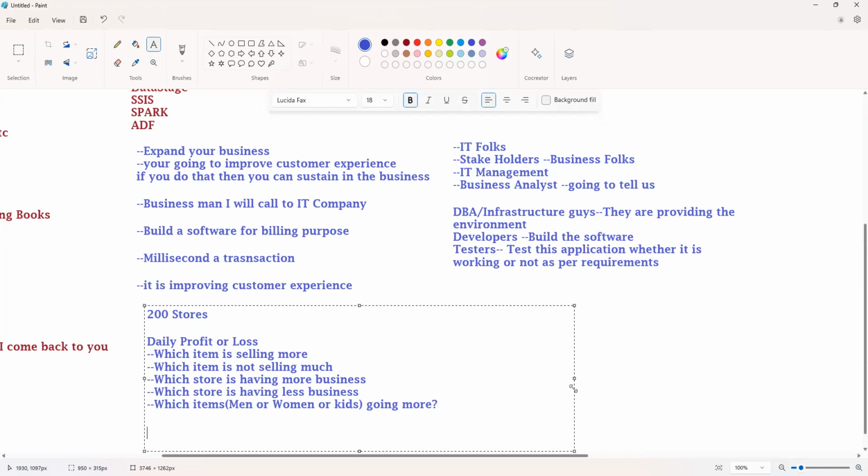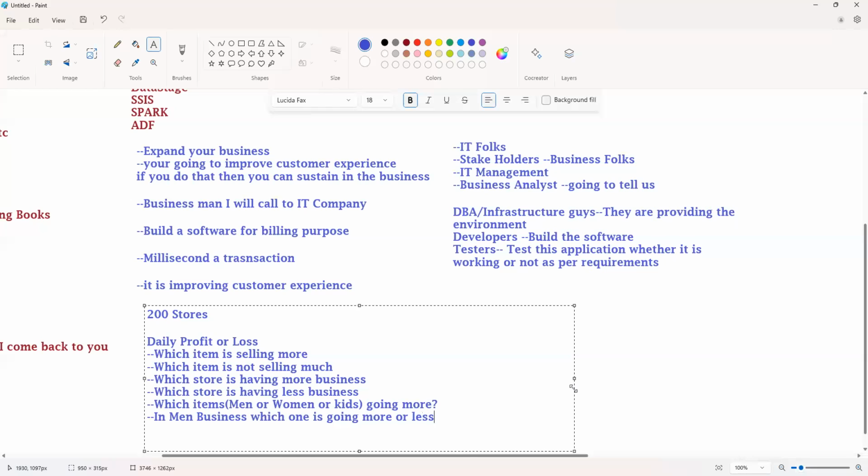Next question the business is asking: in men's business, which one is going more, or less? Try to understand.